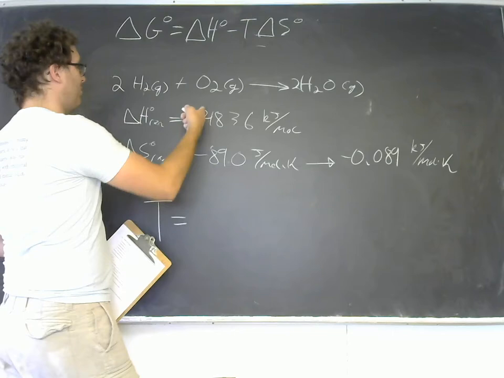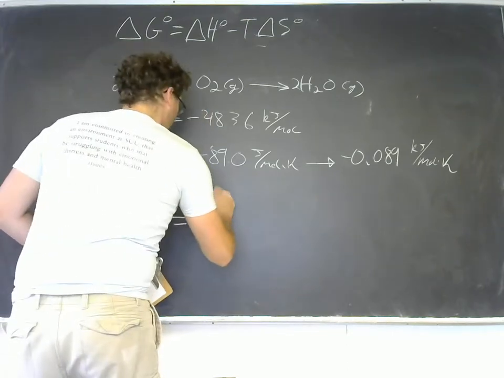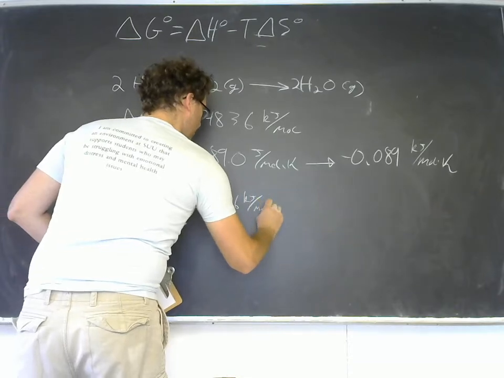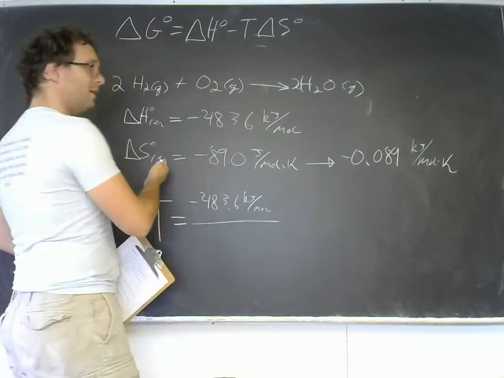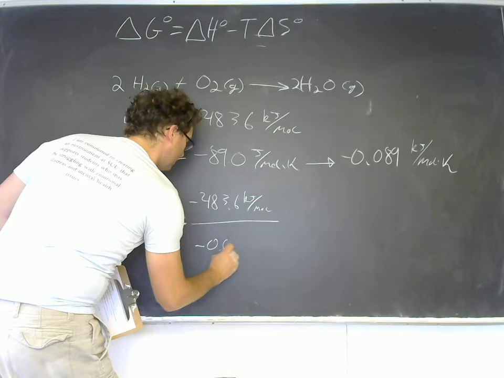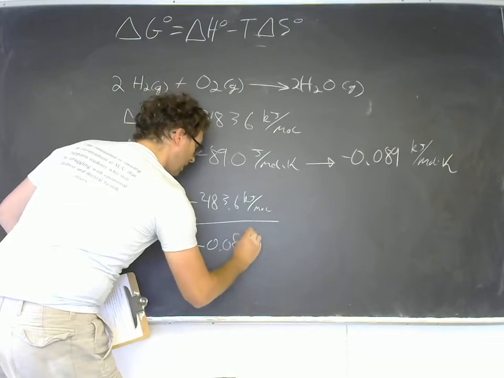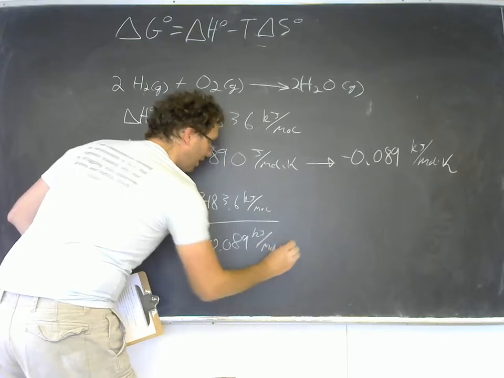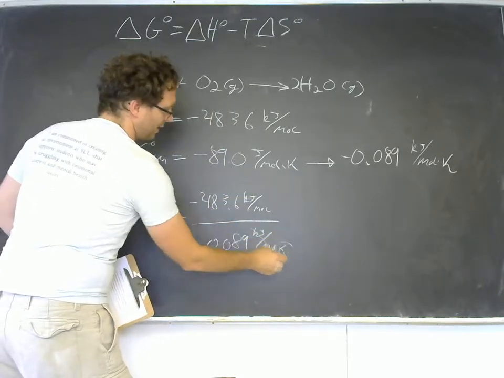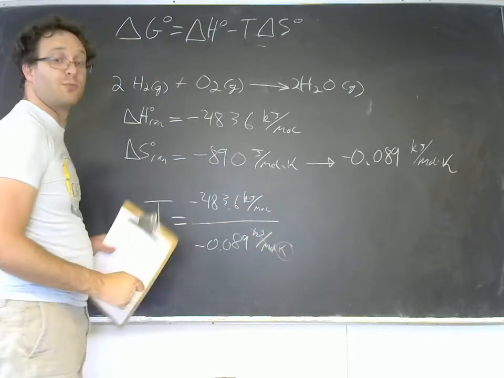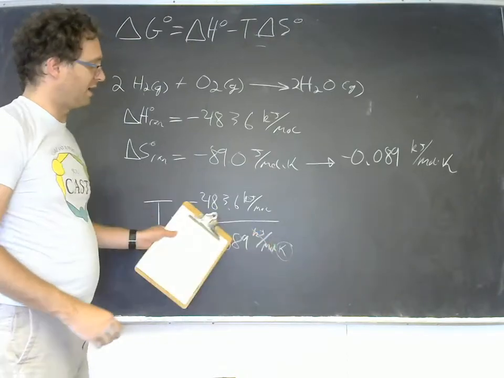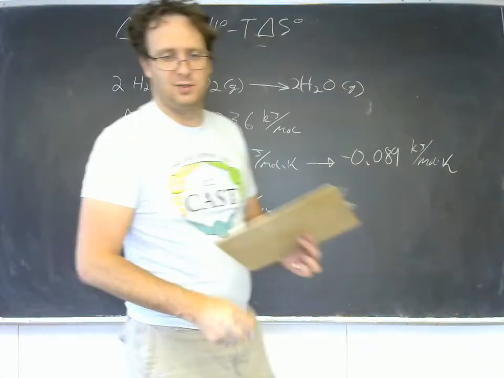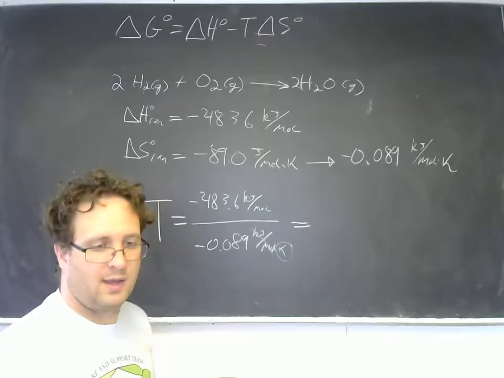It's going to be delta H, negative 483.6 kilojoules per mole, divided by delta S, negative 0.089 kilojoules per mole Kelvin. And our kilojoules and our moles cancel out, and the Kelvin survives, and everything works out nicely. We'll get a temperature in units of Kelvin. Let's calculate it.